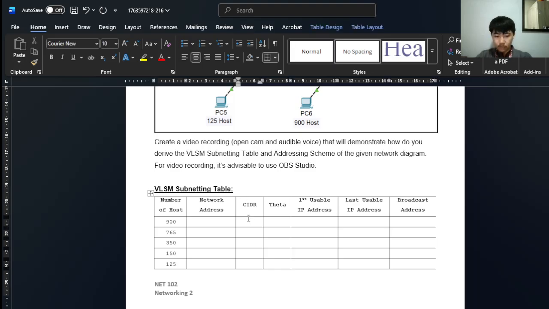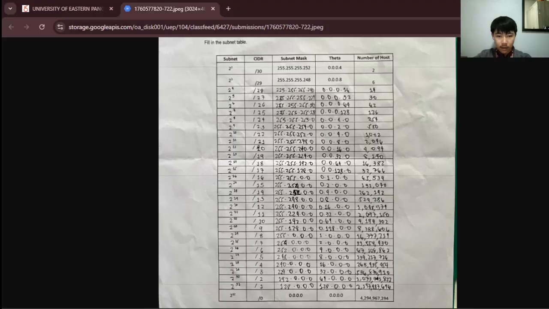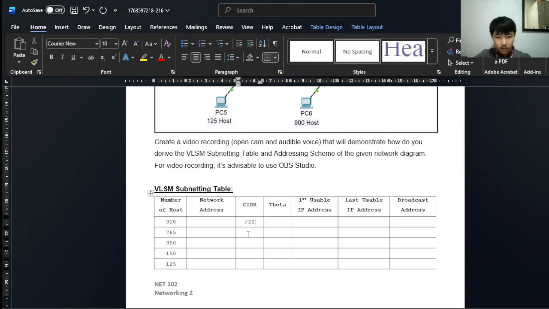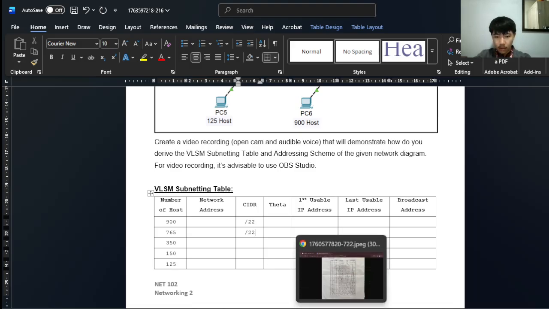Next is 765, which is the same range of 1022, the same as the first one, CIDR 22.